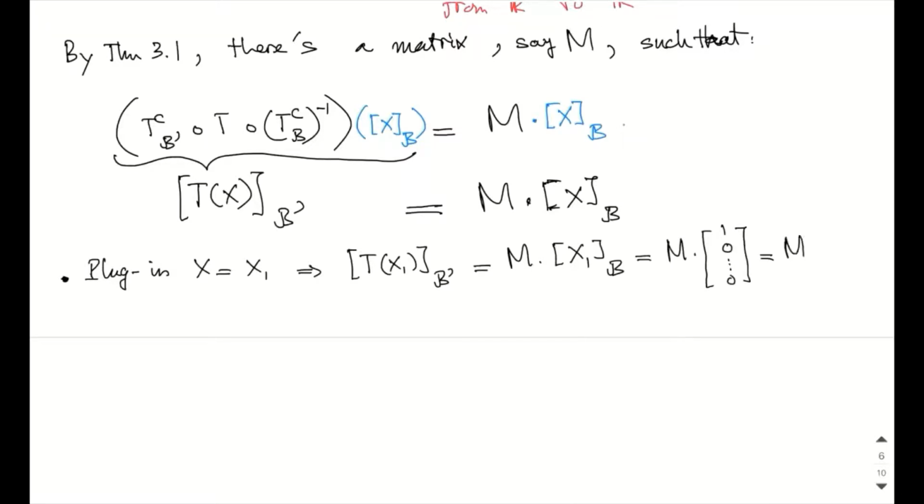And this is going to give you the first column of the matrix M. You can repeat the process.